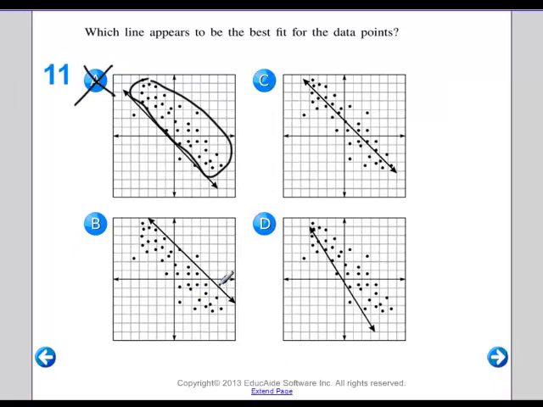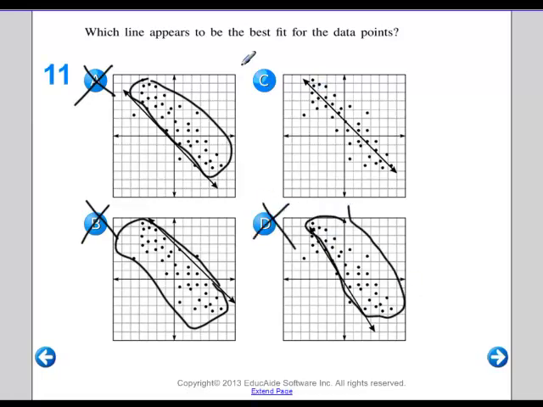B, here most of our points are below the line, so that's wrong. C, I have some points above, I have some points below, and I have some that are almost on the line. So that's pretty good, so let's check D out. And in D, you again can see that most of the points are above the line, so that's not correct. So C is our line of best fit.